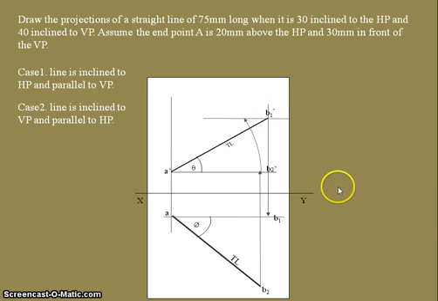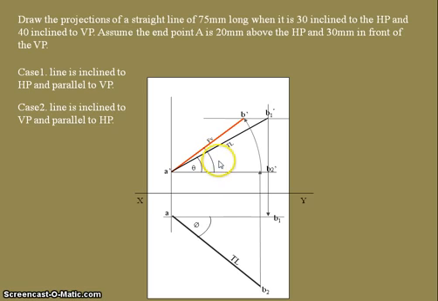This point will be B dash, the final front view endpoint. By joining these two points we get the desired final front view. After giving the inclination to both the planes we get the final front view like this, that is A dash and B dash. So this is the final front view.